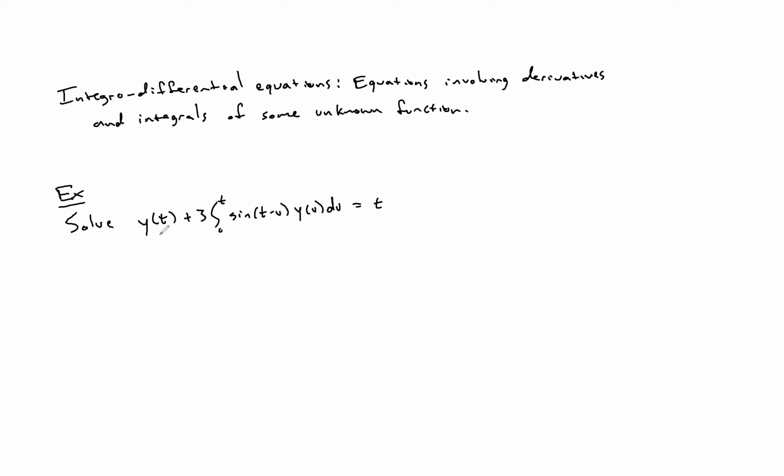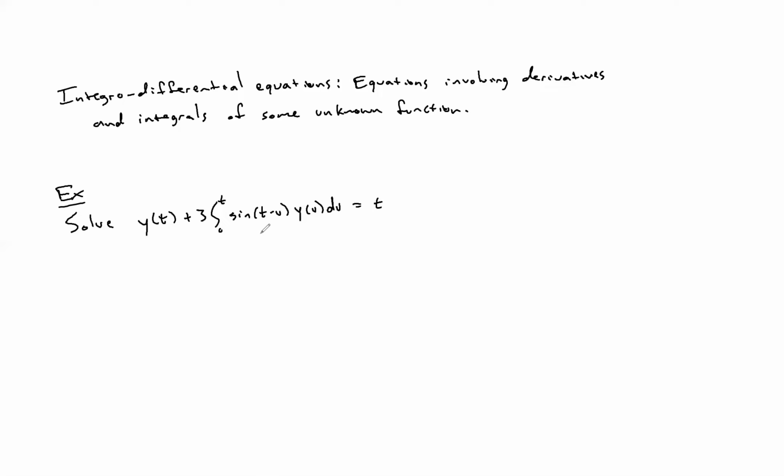I have an example here. We've got some unknown function, y of t. And here we don't have any derivatives showing up. I don't have a y prime. I just have this function y of t. And I have this integral, sine of t minus v times y of v.